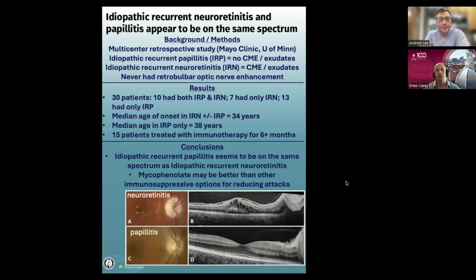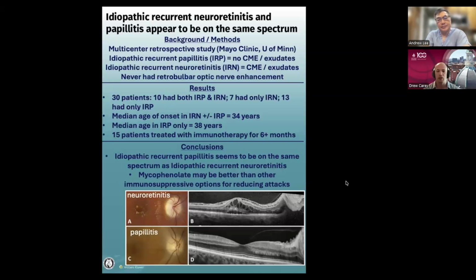I think the take-home message is to keep in mind that if you see a young patient with optic disc edema and their MRI does not show optic nerve enhancement, it's probably not an AON, in a 20 or 30-year-old, especially if they don't have optic dystrophies.